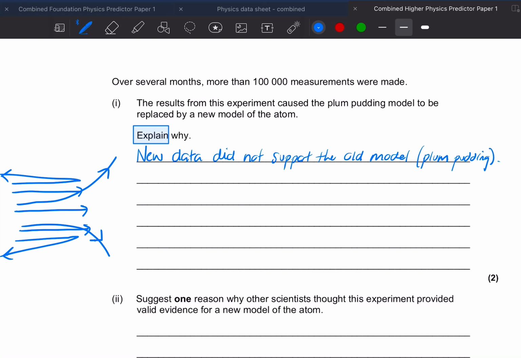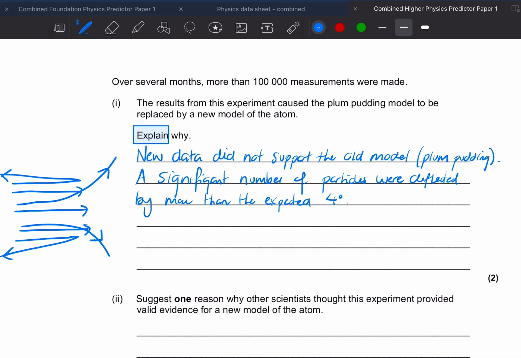So how does this explain why it needed to be replaced? Well, a significant number of particles were deflected by more than the expected 4 degrees.